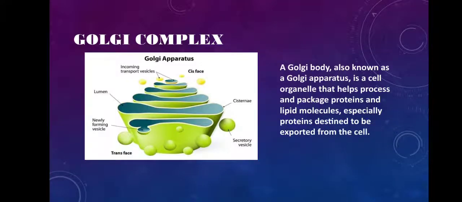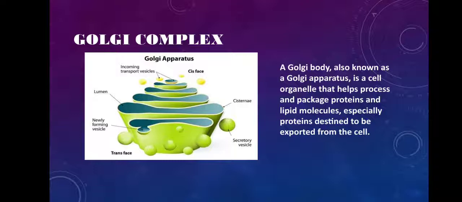Golgi complex. A Golgi body, also known as the Golgi apparatus, is a cell organelle that helps process and package proteins and lipid molecules, especially proteins destined to be exported from the cell. The Golgi body is a portion of the cell that's made up of membranes, and there are different types of membranes.